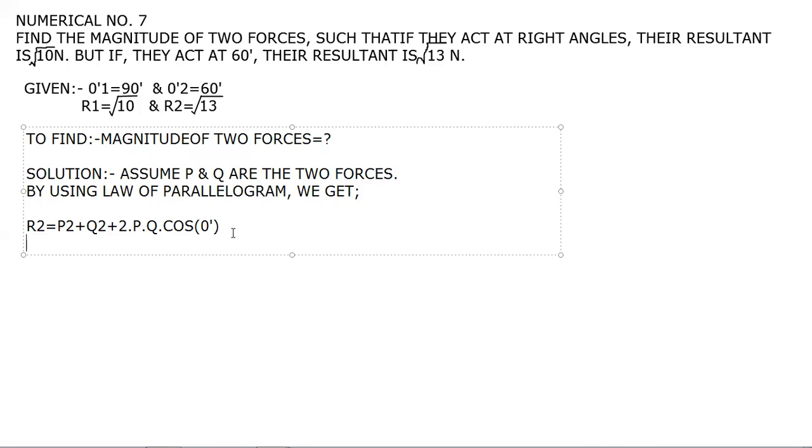And therefore, this term 2PQ cos of theta will become 0. And we will get the expression R square is equal to P square plus Q square if your theta is 90 degrees in this case. Okay.